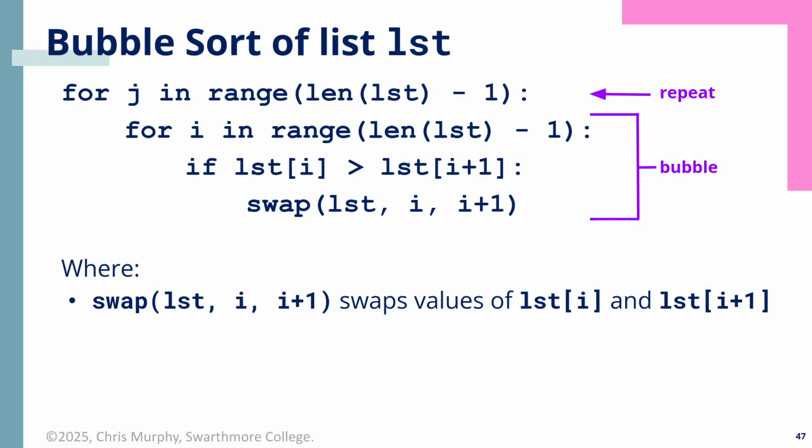So this algorithm, as it says on the screen, is called bubble sort. Bubble sort is a classic computer science algorithm. It is not a particularly good algorithm. You may be thinking, well, it feels like a lot of work. But it is a good place to start when thinking about sorting.